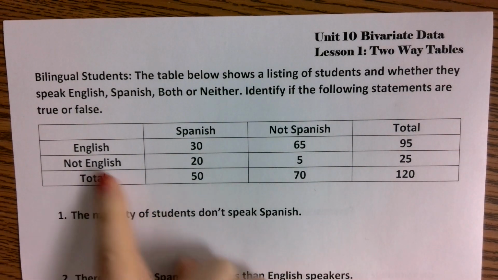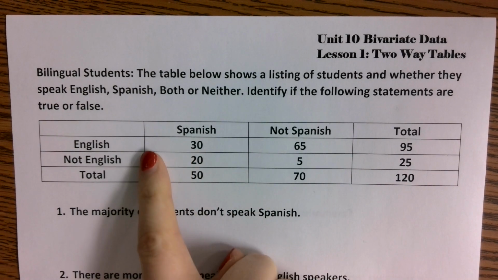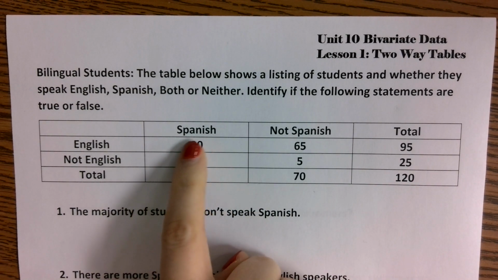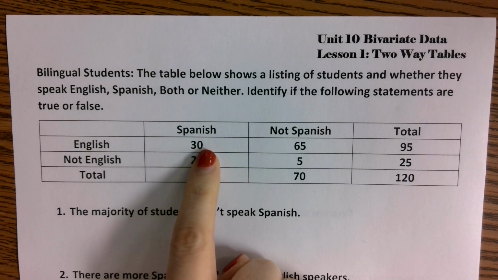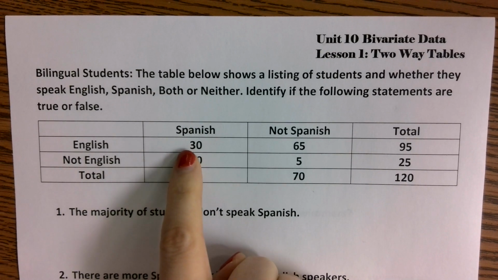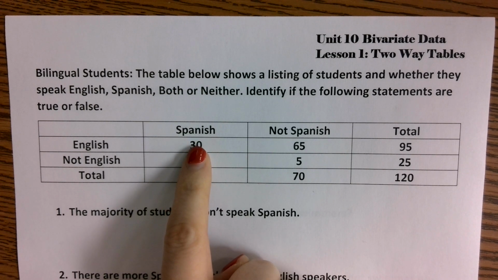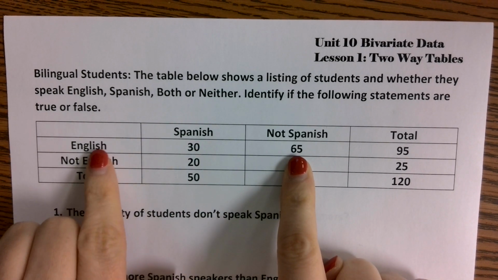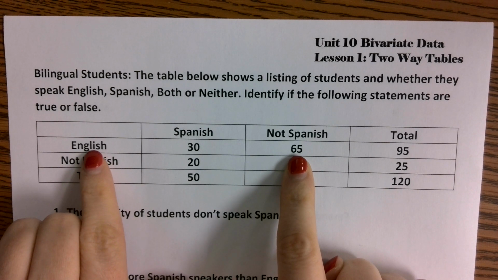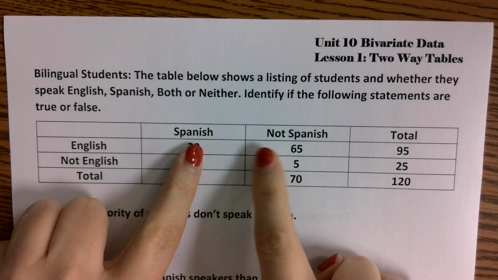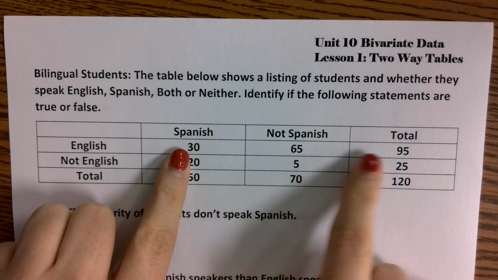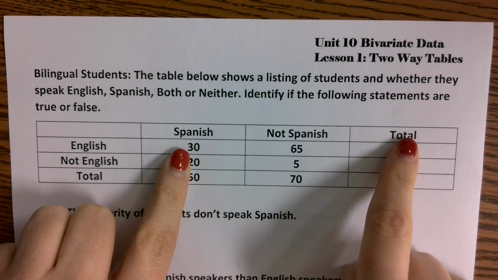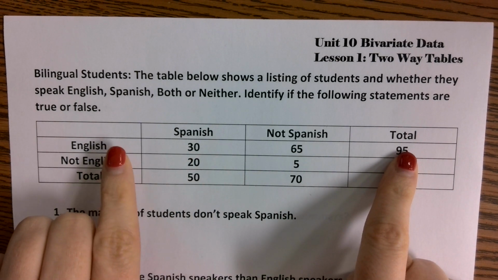For this very first value, this 30 represents 30 students who speak English as well as Spanish. If I go off to the right, this 65 represents people who only speak English. They don't speak Spanish. And when you calculate those together, this 95 represents the total amount of English speakers.